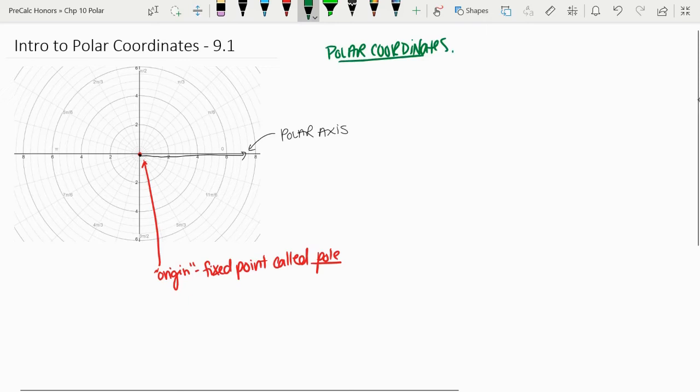They're still made up of two elements, but they're going to be in the form (r, theta). And we've kind of seen these before. So r, similar to radius, is now what they call the directed distance. What that means is it can be positive or negative, and it tells you the distance the point is from the pole.